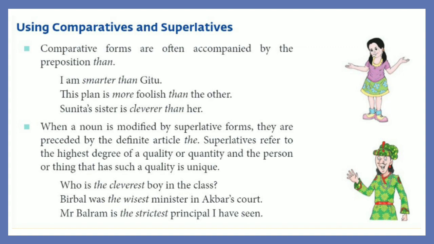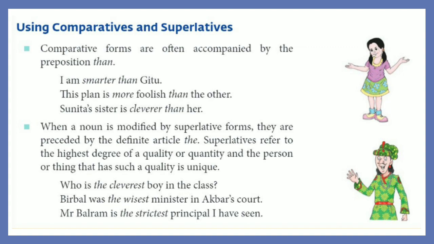Third example, Sunita's sister is cleverer than her. Here, cleverer is the word in comparative form followed by the preposition THAN. So, in comparative degree, the comparative form of the word is often followed by the preposition THAN.